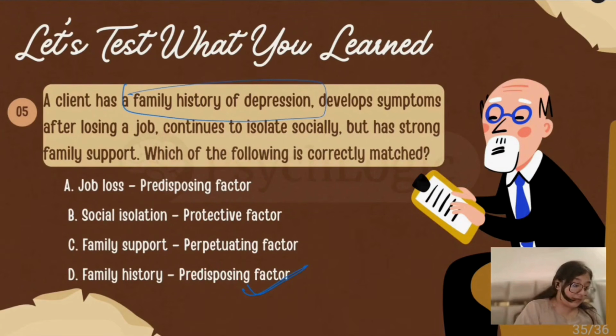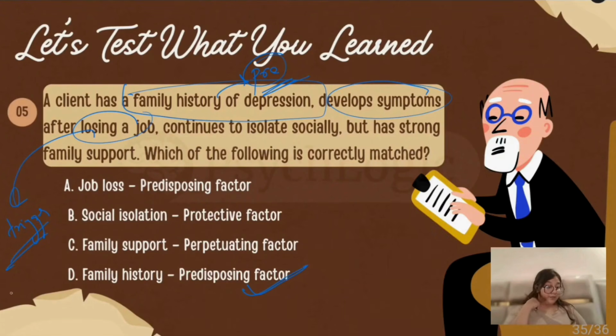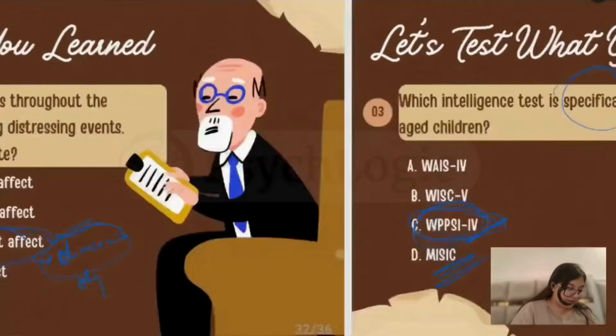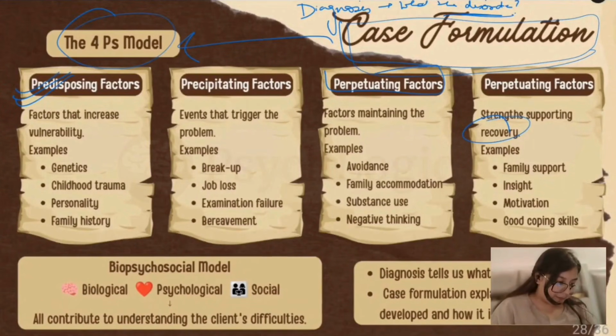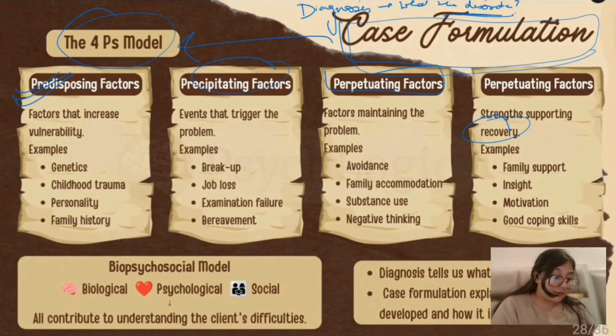Okay, so having a family history of depression would be a predisposing factor, making you vulnerable. Developing symptoms after losing a job, it triggered it. That would be a precipitating factor.